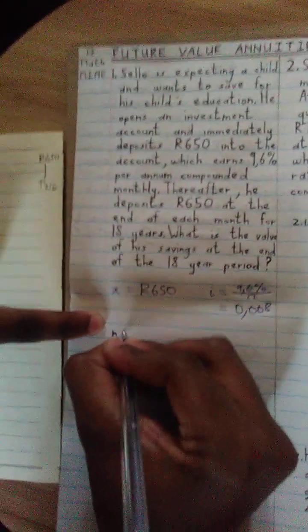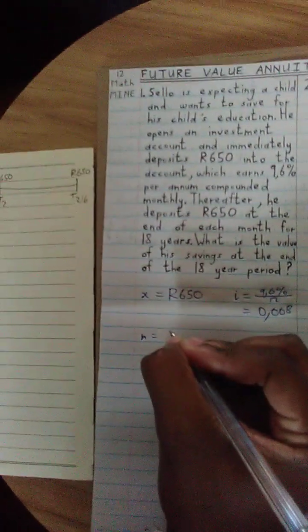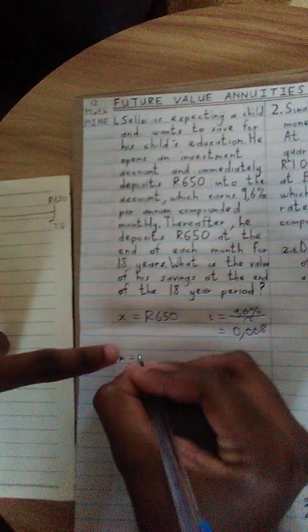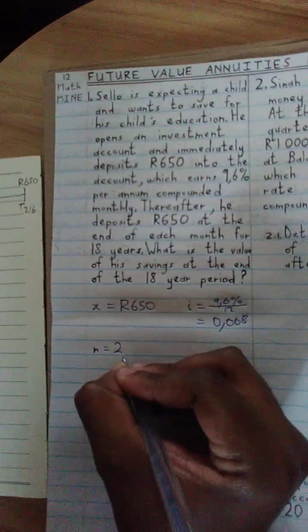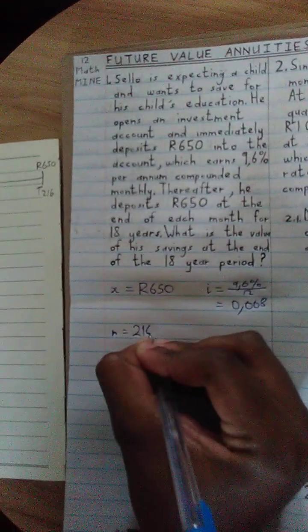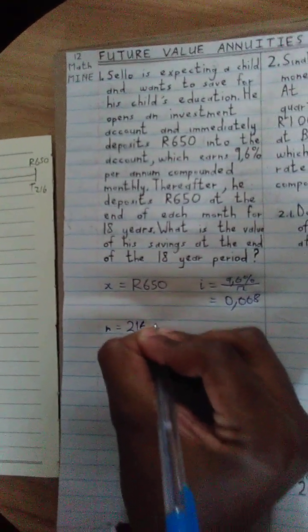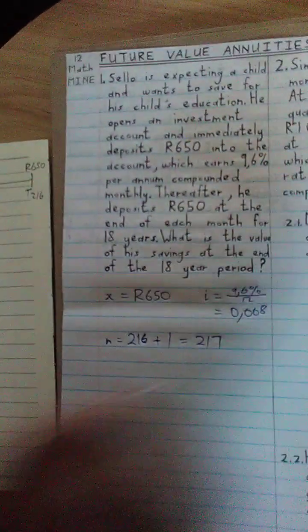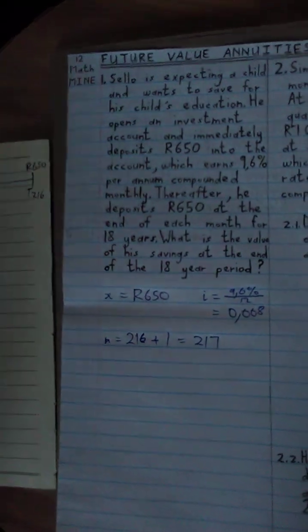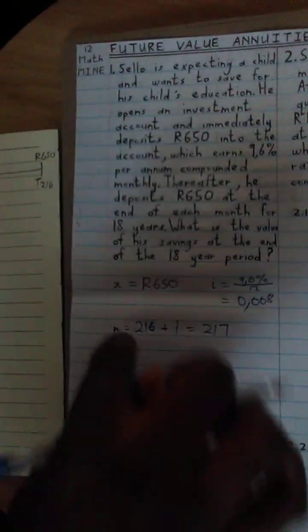N is 216 plus 1, for the immediate deposit. So N is 217, right? Because we've already done everything.